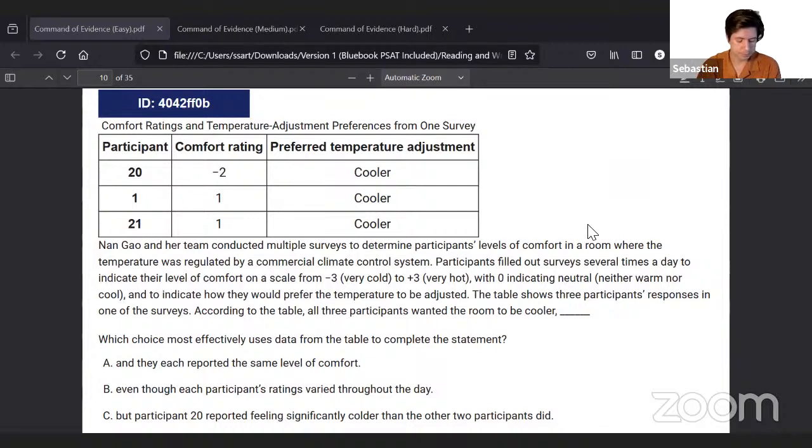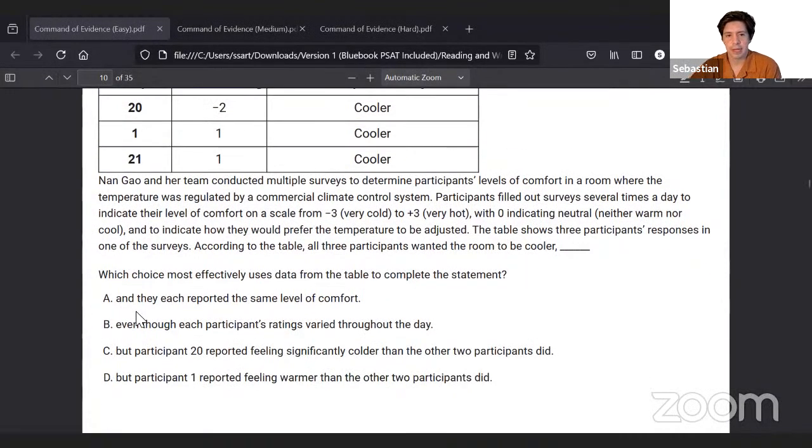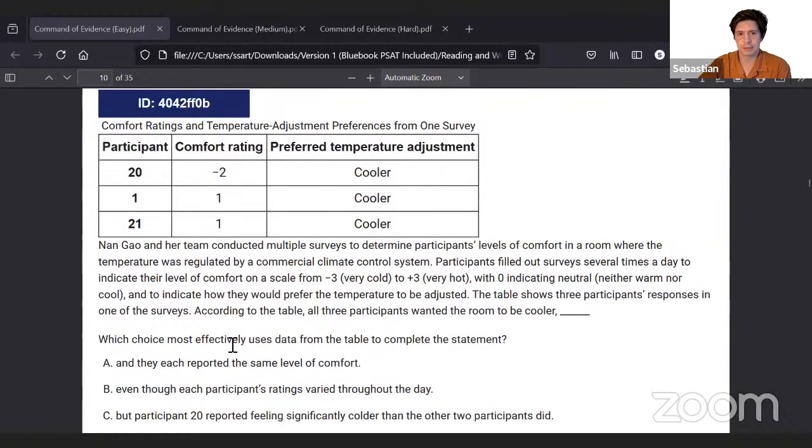Okay. Which choice most effectively completes it? A: And they each reported the same level of comfort. B: Even though each participant's ratings varied throughout the day. C: But participant 20 reported feeling significantly colder than the other 2 participants did. And D: But participant 1 reported feeling warmer than the other 2 participants did.